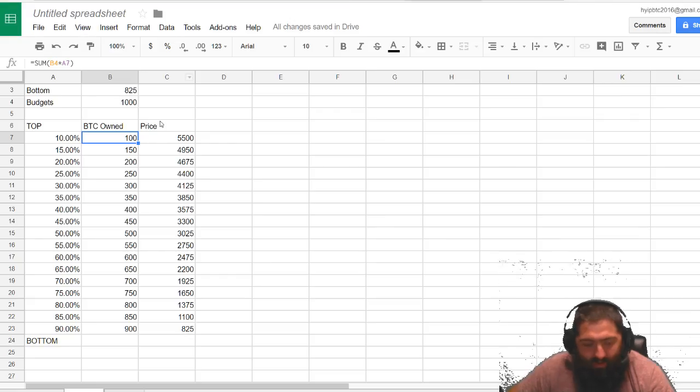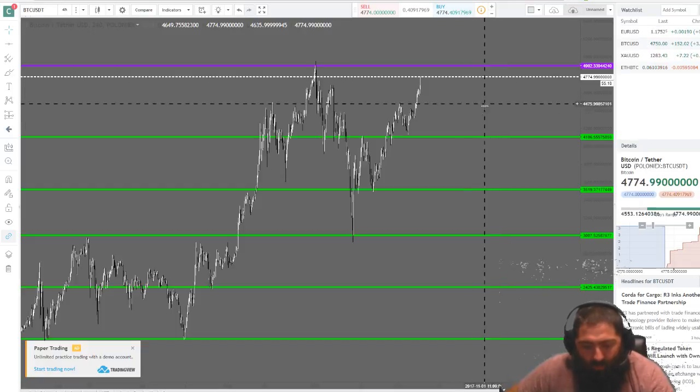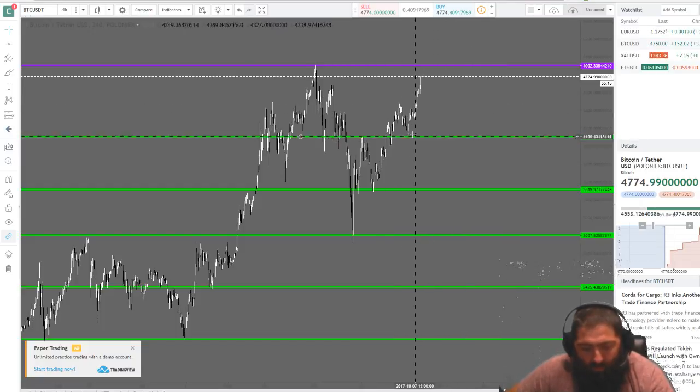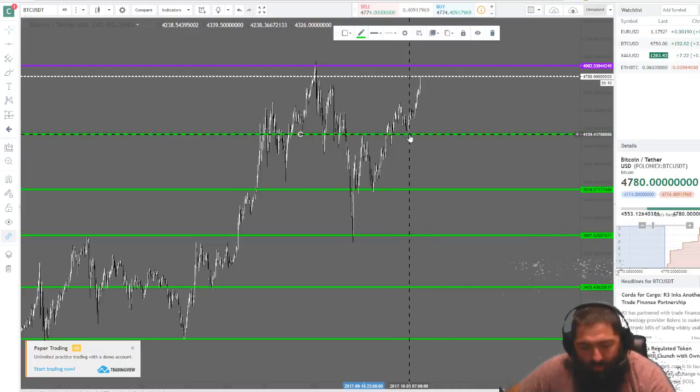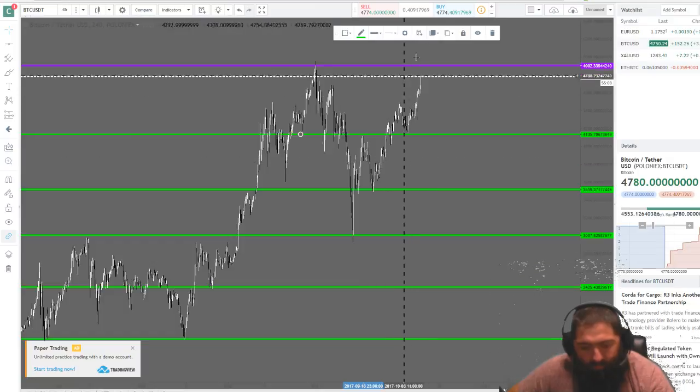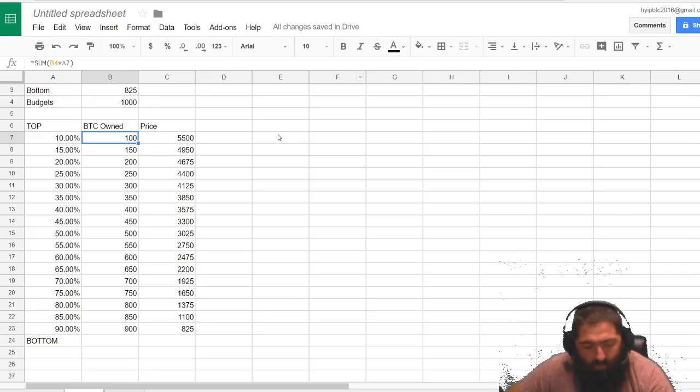Alright, so once I get these numbers, I like to come over to my chart and say, okay, this number is at 41.35. That's where it hit that bottom. So then I come back over here, 41.25 is right there.